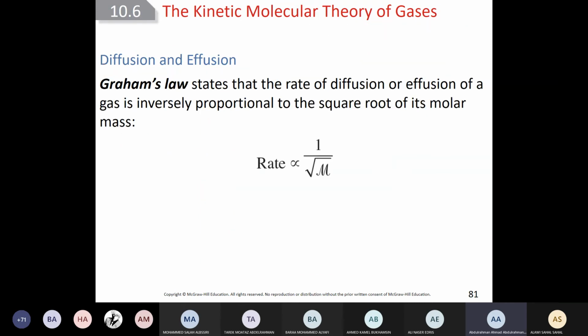Very good. Now, this effusion or diffusion is proportional to mass.